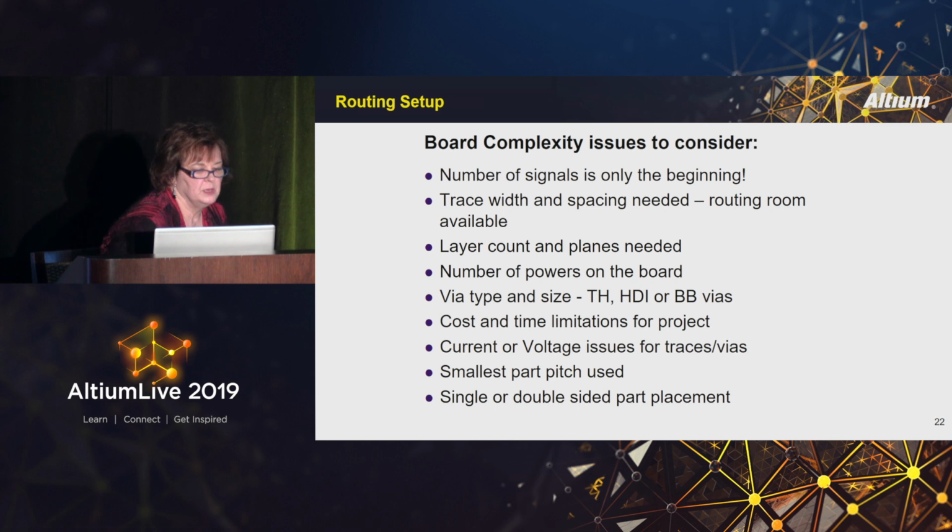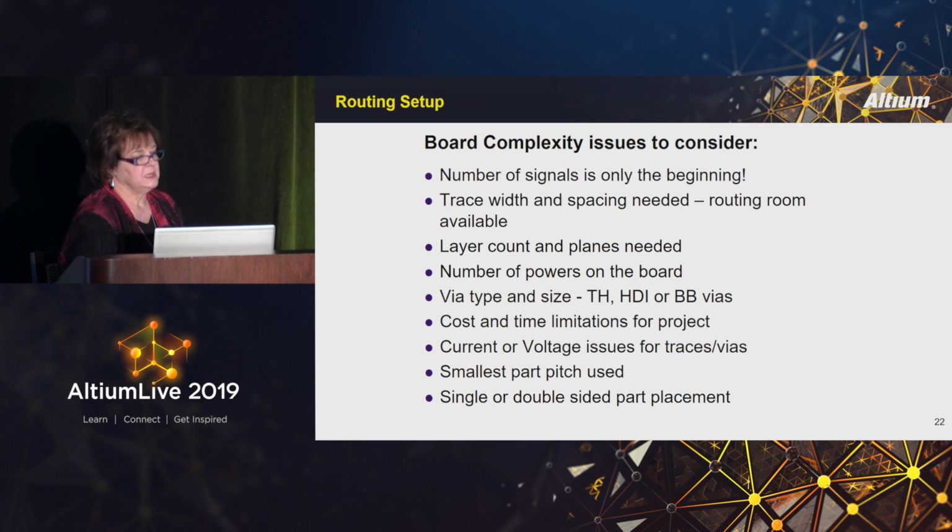Some routing setup and board complexity issues that you would want to think about are the number of signals you're talking about. Of course, that's the thing everybody thinks about. But you also have to worry about how many layers you have to route on, what your trace width is going to be, how much spacing you need around those traces, what layer count you are going to have, and how many powers you are going to have.